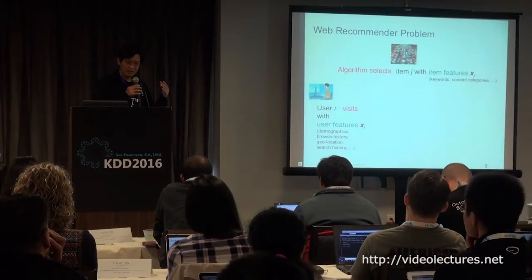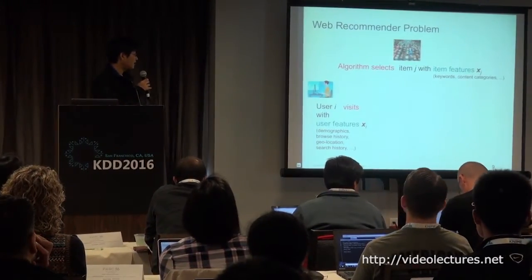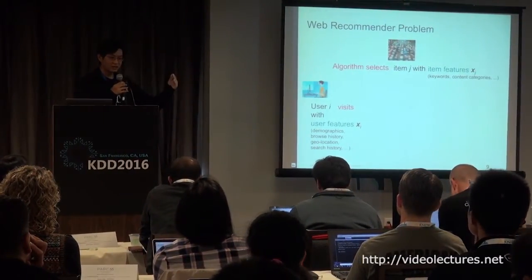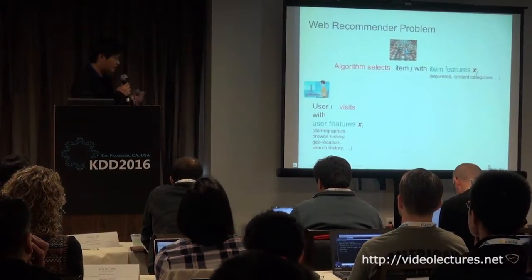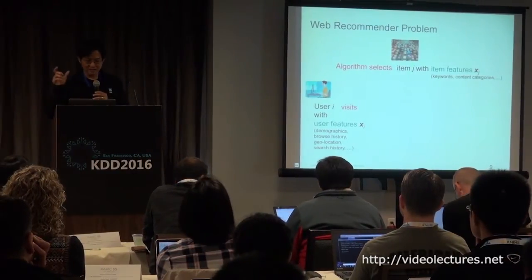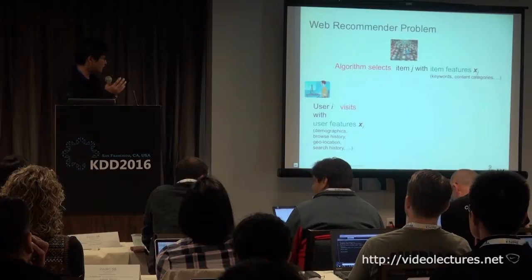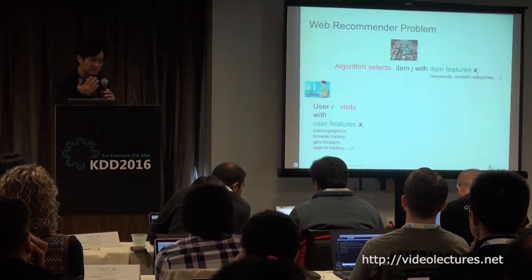Then a recommendation algorithm selects from a pool of candidate items a few, usually top K, to recommend to the user. Each item is also captured by a set of features. For example, let's say we are recommending articles: the keywords in the article or the category of the article.